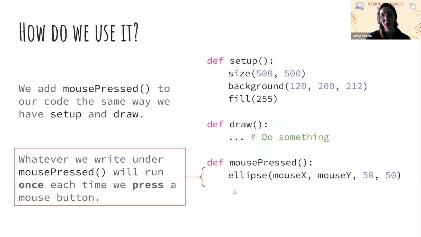They have a certain block of code that will get executed when we call it with that name, and we can call them from anywhere else after they're defined. Setup and draw, mostly they just get called from run when we have that at the end of the code, but something like mouse pressed, we can call that from anywhere.